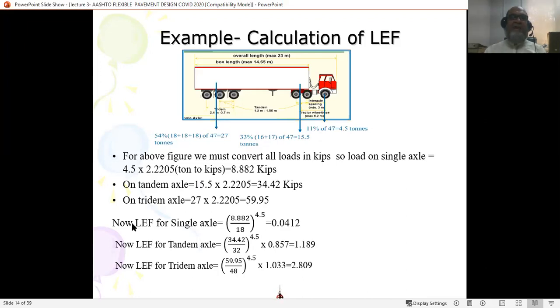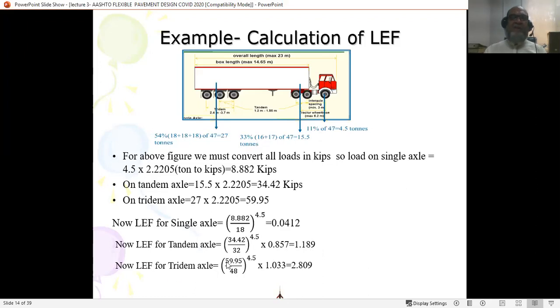Now, how to calculate load equivalence factor? It's very simple. 8.882 divided by 18, raised to 4.5, and we did not need to multiply by any factor because it is already a single axle. Now for tandem axle, we divide the given load by 32 raised to power 4.5, and this 0.857 will convert this equivalent tandem axle load to a single axle load, and this is what we get.